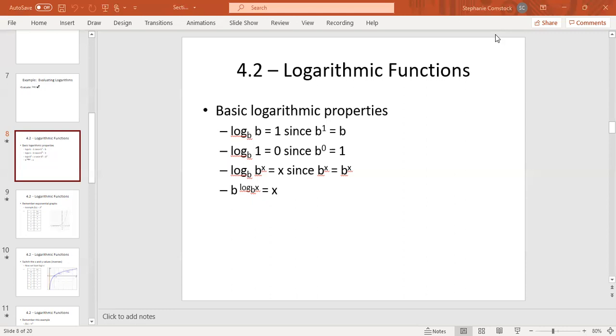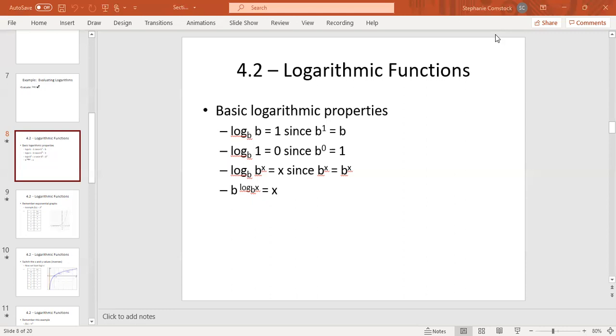Now these next two utilize a couple of facts that allow us to do some canceling. What we traditionally see is log base b of b to the x.